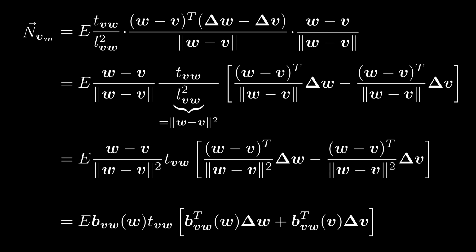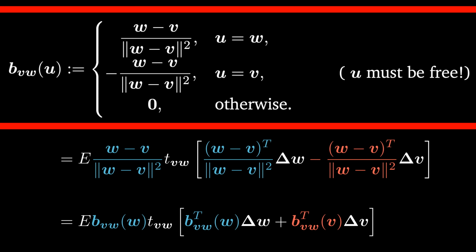Note that at this point the vector W minus V divided by the norm of W minus V squared has been defined as BVW of W, and minus this vector has been defined as BVW of V. Basically, we define such a vector BVW for every bar in the truss that is connecting two nodes.